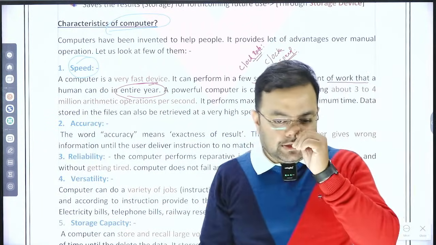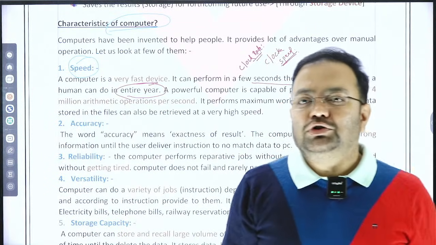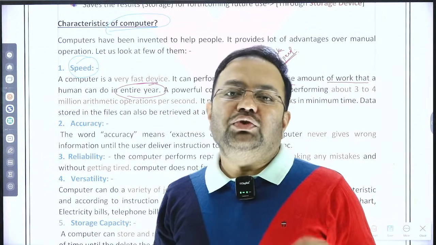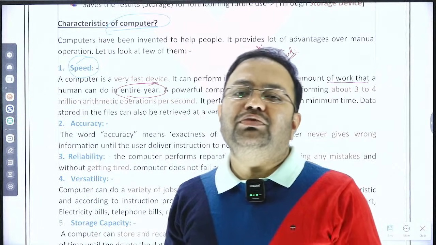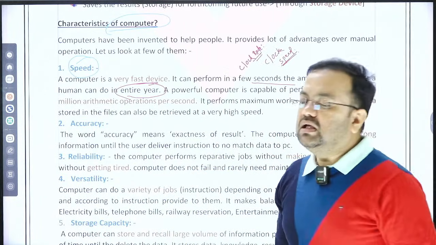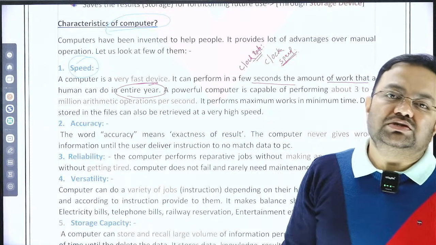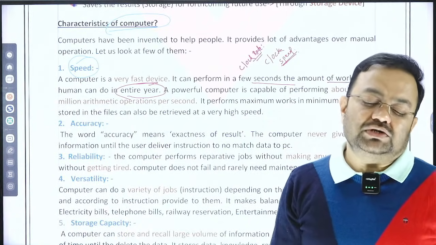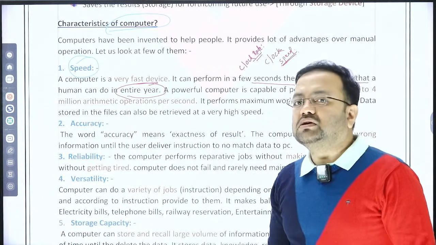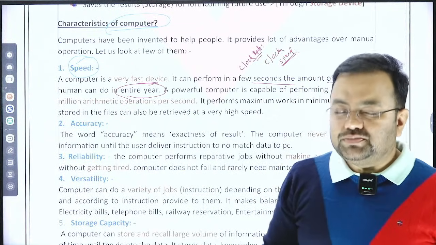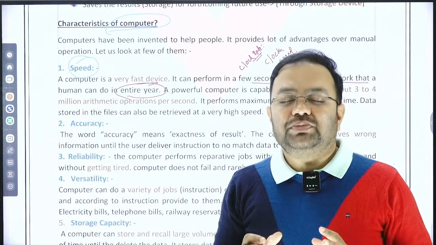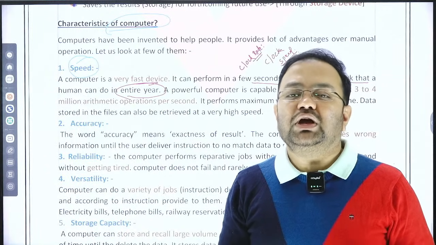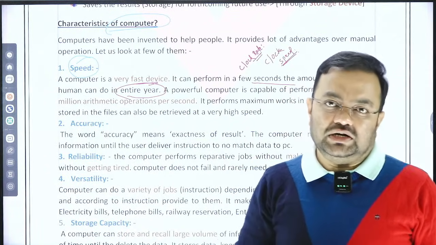So students, I'm telling you, it refers to the speed at which the CPU can perform the basic operation. I'm repeating again, the speed at which the CPU can perform the basic processing operations. This is known as the clock speed. Okay, so clock speed simply indicates the speed at which the CPU can perform its processing functionality.